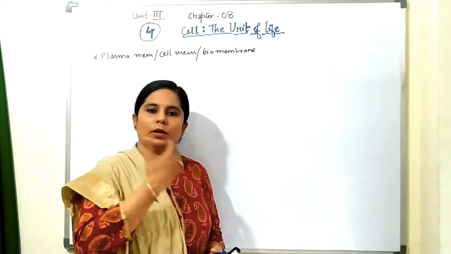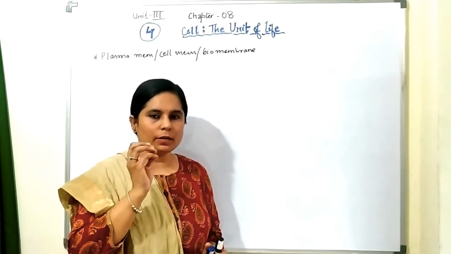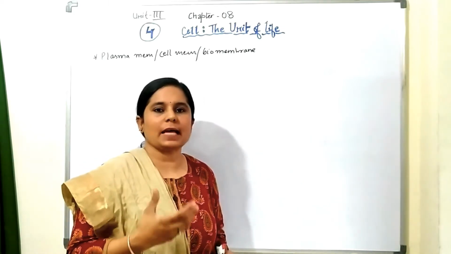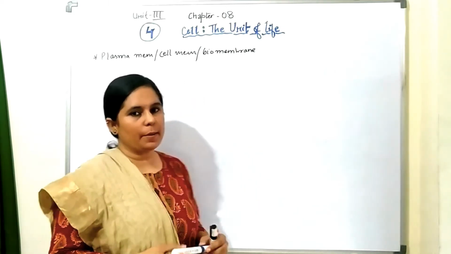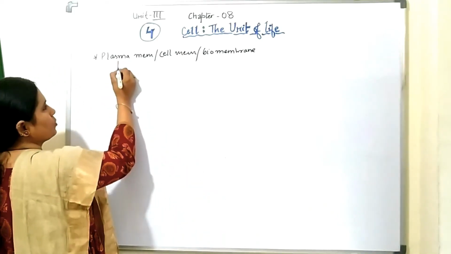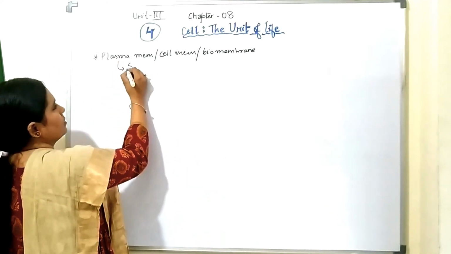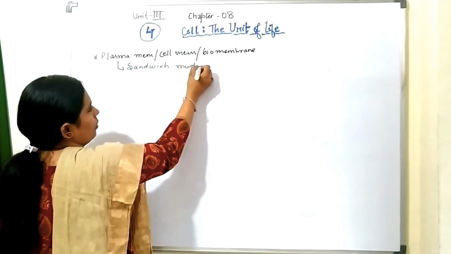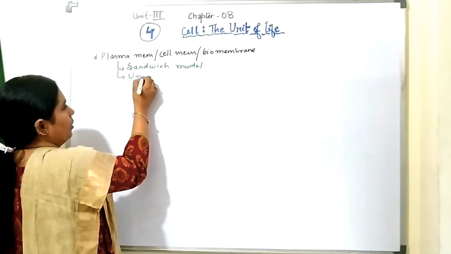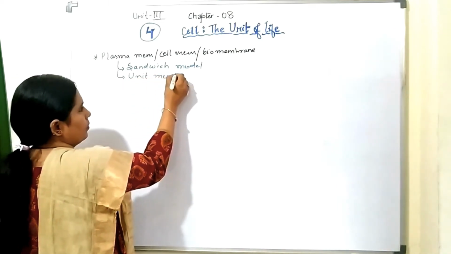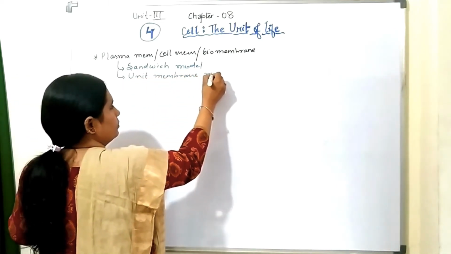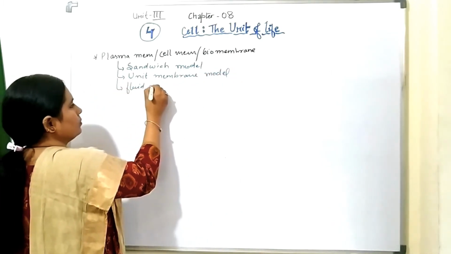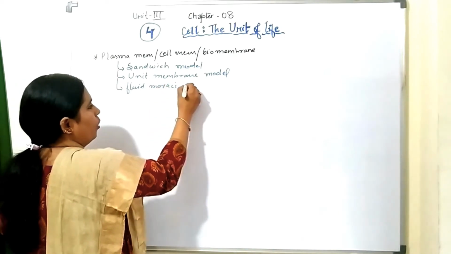Okay, so as I have told you all about the introduction about the plasma membrane. Now there were different models given by the scientists for the structure of plasma membrane. So those models were, number 1 is sandwich model, then unit membrane model, and last one was fluid mosaic model.